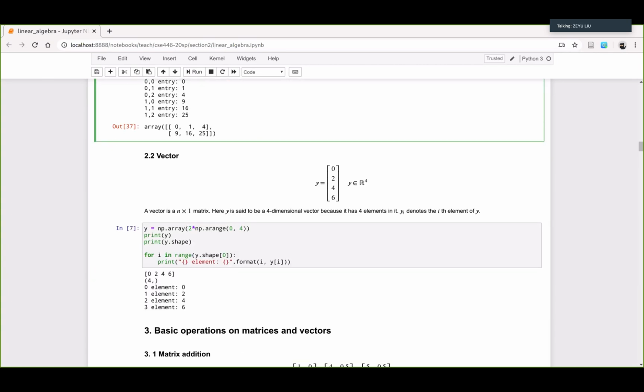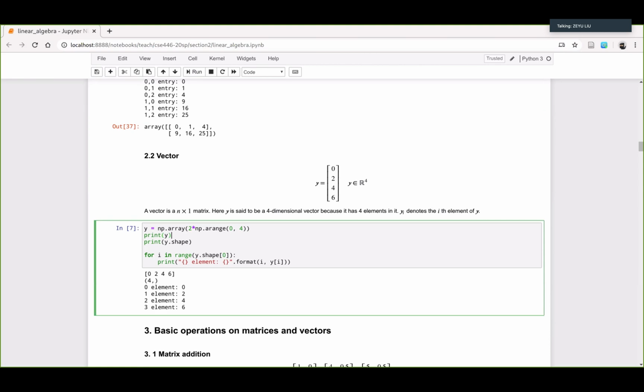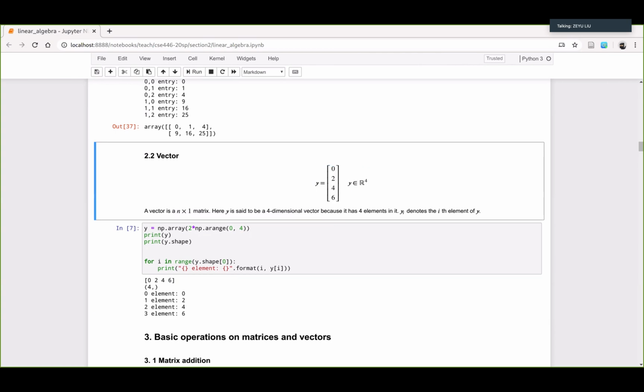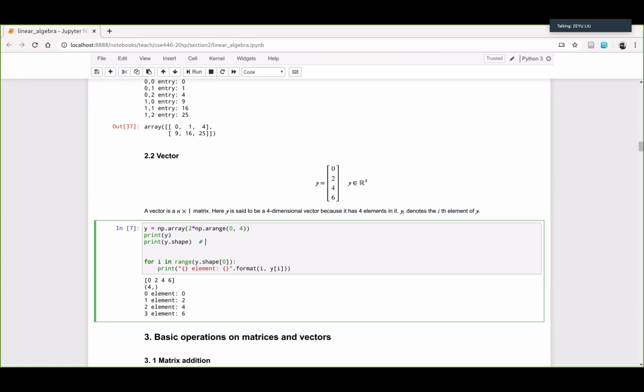Okay, and vectors are one-dimensional matrices if you see it that way. But in terms of NumPy, it is defined as a 1D array. There's one thing you need to note: sometimes we write a column vector, which is 4 by 1. If you write it explicitly in math, not in Python, this is 4 by 1.